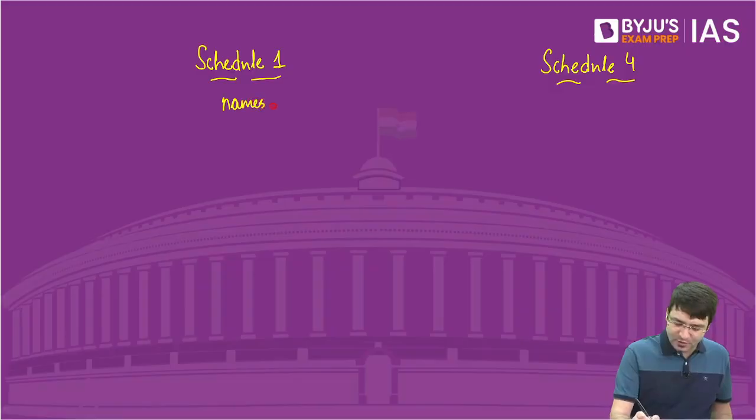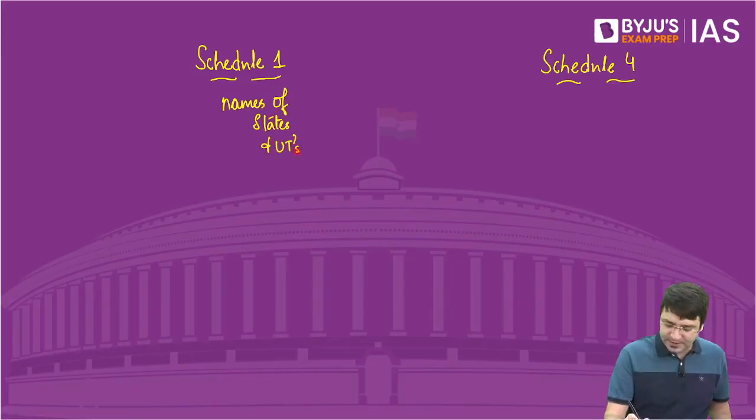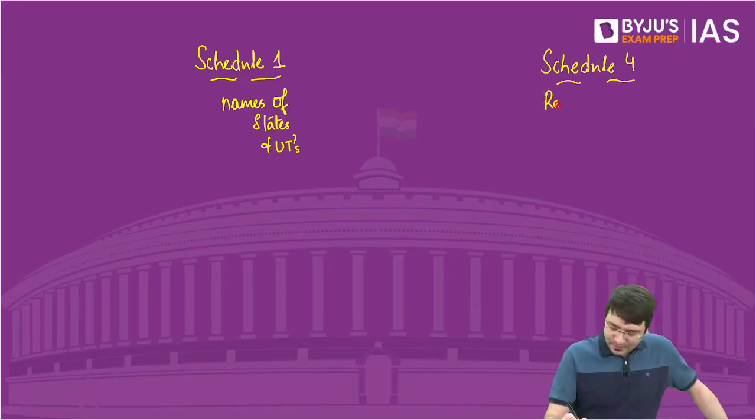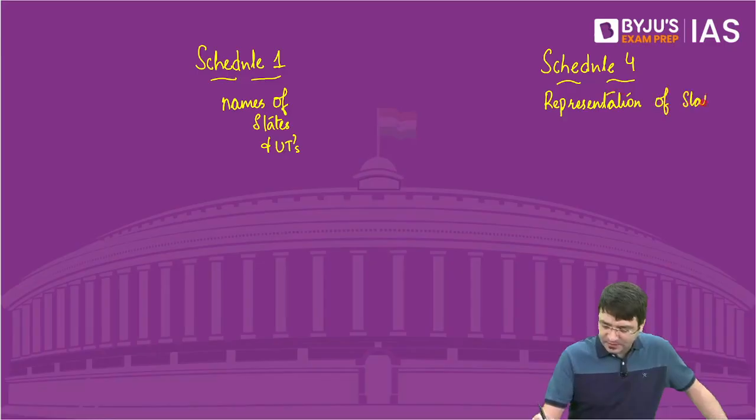The names of states and union territories. What is Schedule 4? Representation of states in Rajya Sabha.